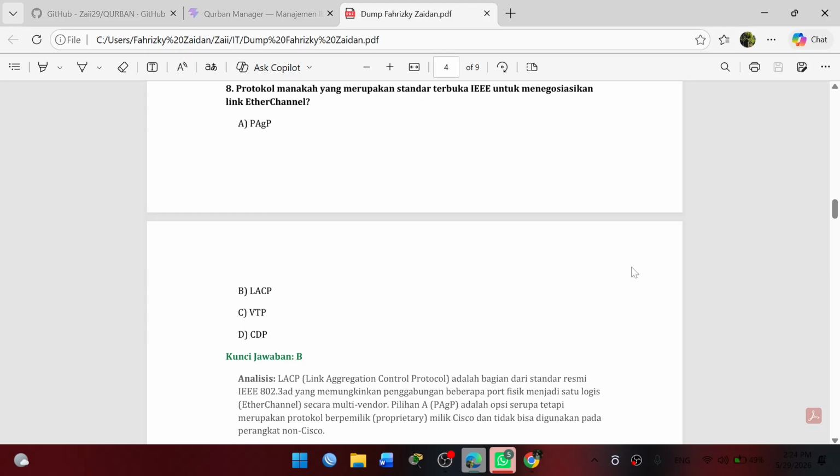It allows multi-vendor devices to bundle multiple physical ports into a single logical link. Option A, PAgP, is a similar protocol, but it is proprietary to Cisco and cannot be used on non-Cisco hardware.